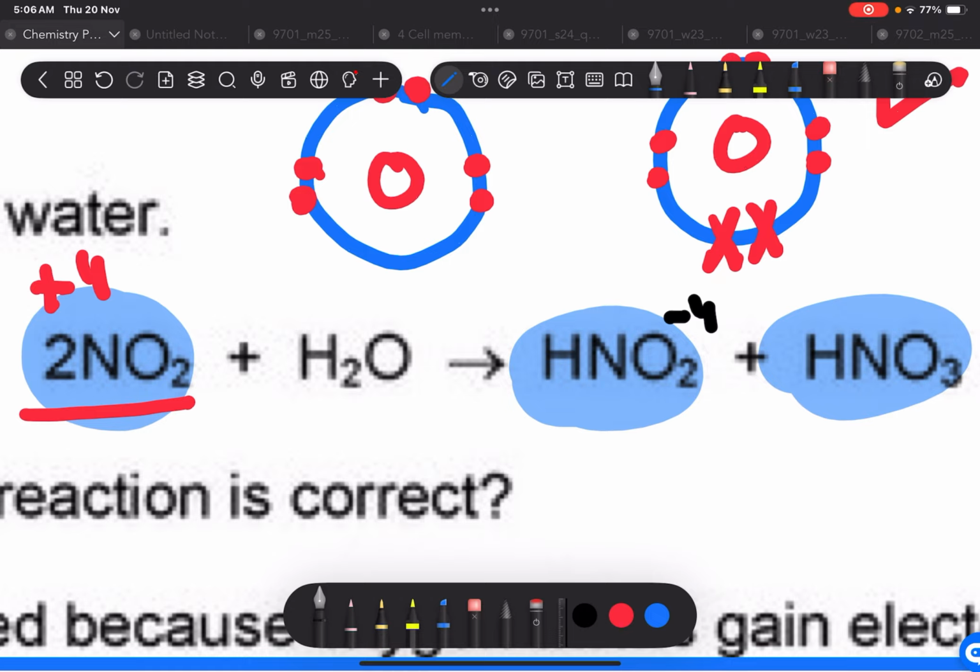To balance out negative 4, you obviously need a positive 4. Positive 1 is going to be given by the hydrogen, because hydrogen can either be positive 1 or negative 1. So what's left? A positive 3. That's going to be given by your nitrogen. So nitrogen is positive 3 in HNO2.